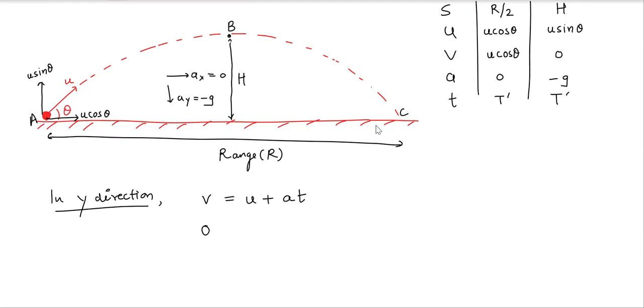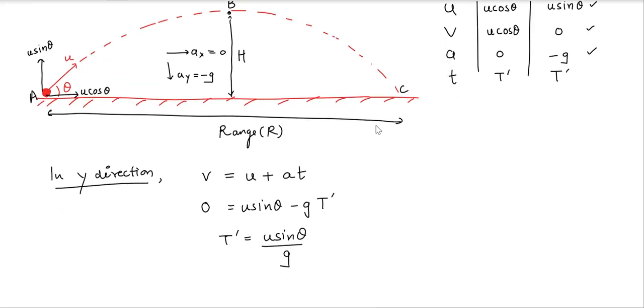I choose the y direction because I know multiple things in this particular column, and you only need 3 things; you can figure out the other 2 from the SUVAT equations. So this is 0, this is u sin theta, this is minus g, and this is t dash. So I get t dash is equal to u sin theta upon g.